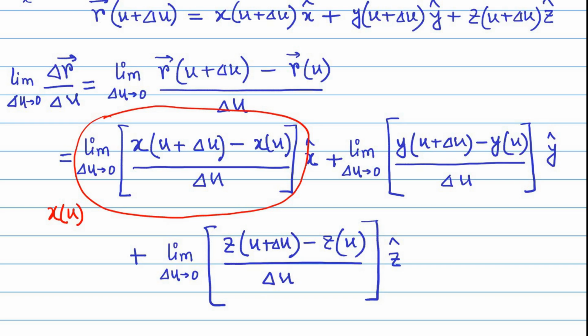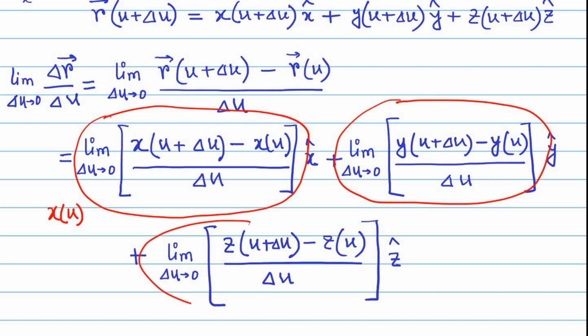So it's just a simple one-dimensional differentiation of x with respect to u. Likewise, this would result in the differentiation of y with respect to u, and this would be the differentiation of z with respect to u. So what we are left with is now extremely straightforward to see.